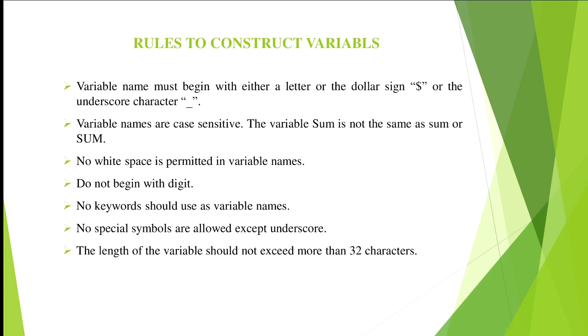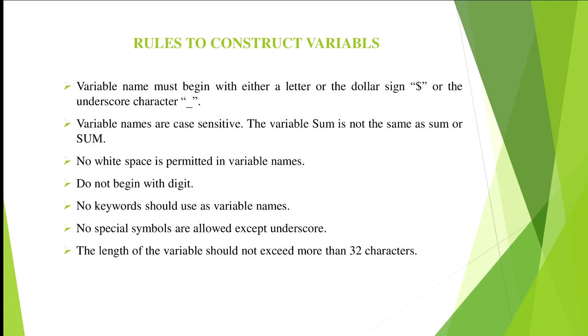No blank space is allowed in the variable names. You cannot use the combination of control, alt and shift in between the variables. Means this is the third rule. Third rule, no white space is allowed in variable names. The variable name must not begin with a digit.